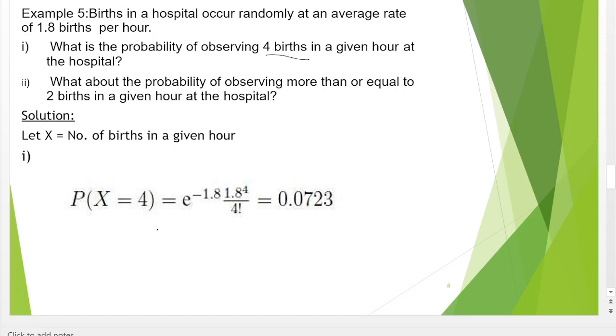So here x is 4 and lambda is 1.8, the average rate given in the question. Substituting the lambda value and x value in the probability mass function of the Poisson distribution, we get 0.0723 as the chance of observing 4 births in a given hour.